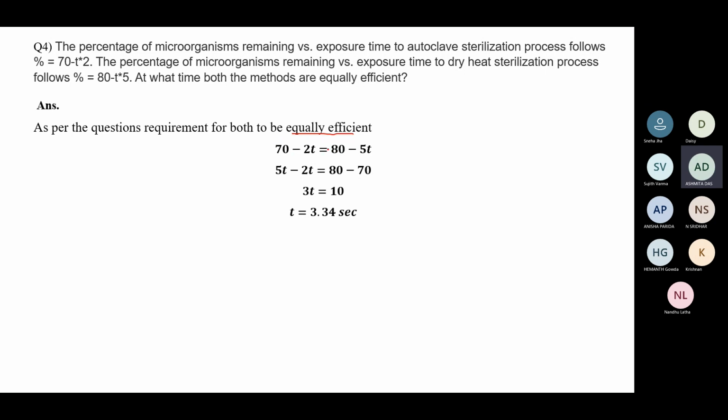So from that condition, we have 70 minus 2t, which is the percentage of microorganism remaining versus exposure time after autoclave sterilization, and 80 minus 5t, which comes from dry heat sterilization. So this should be equal. So 80 minus 70 equals 5t minus 2t, and from that t comes as 3.34 seconds. Now, we consider t as seconds.